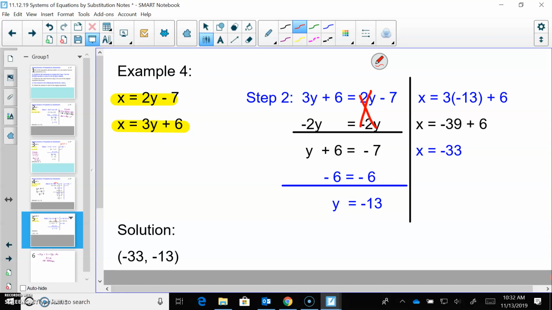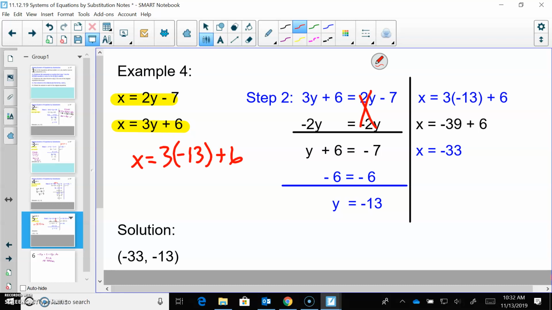So what I did, the kids asked me to plug it into the bottom equation. It doesn't matter which one because they both already say x equals. So the bottom one, x equals 3, and instead of y, I'm going to plug in negative 13 for that, and plus 6.